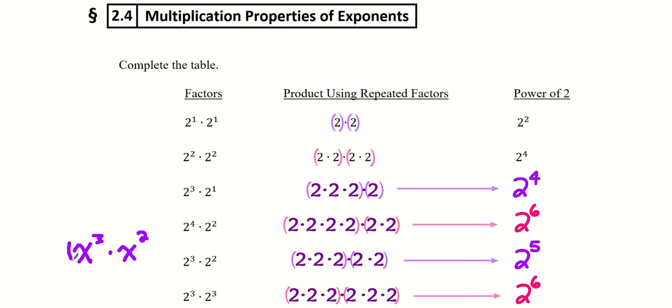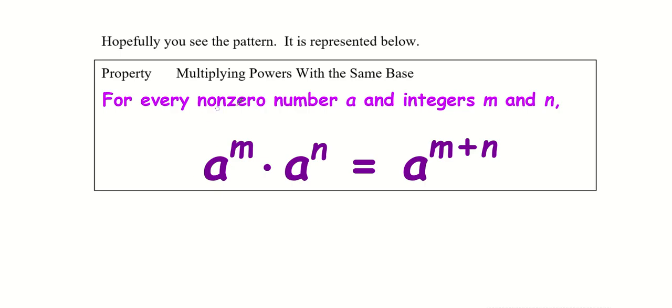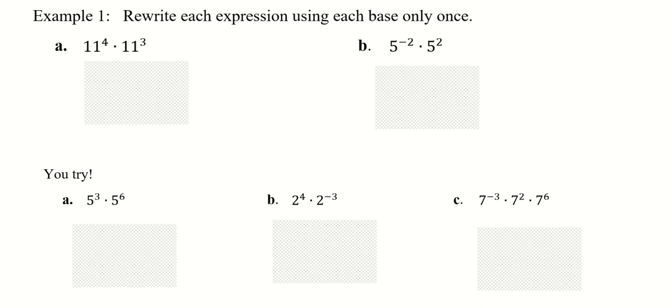But whether the base is a variable or a number like 2, if it's the same base with powers and you're multiplying together, you're going to add the powers together.